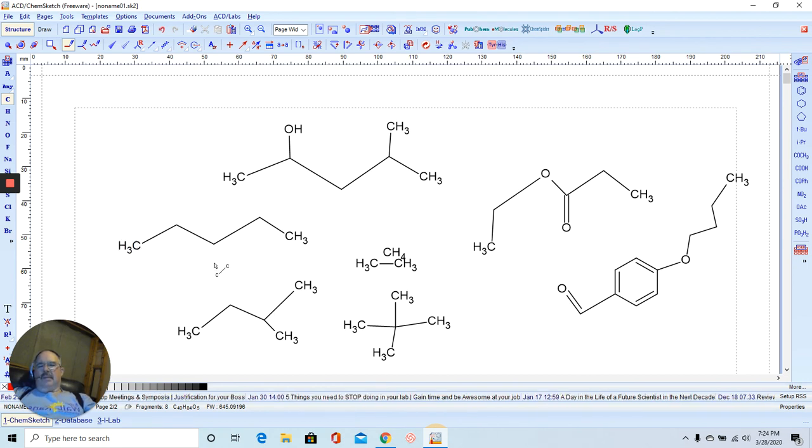It wouldn't make sense to have it here because we would have two equivalent ethyl groups, and that's not what we have.